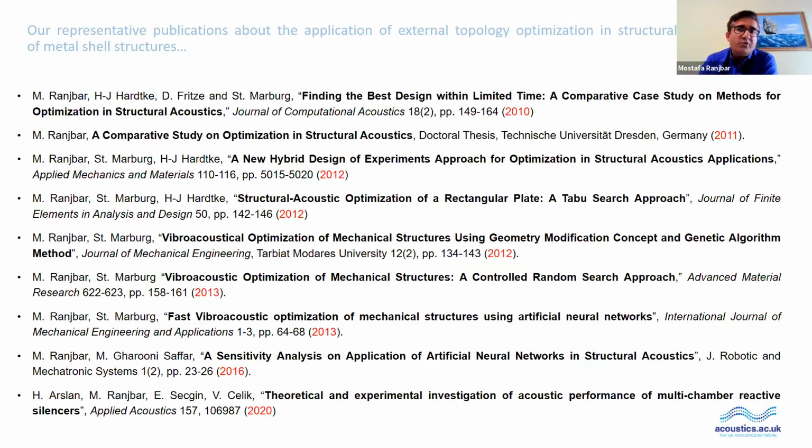Let me show you a brief history of our publications on, for example, topology design optimization in structural acoustics of metal shell structures. We started to publish in 2010. It was about finding the best design within limited time, a comparative study among optimization methods in structural acoustics.